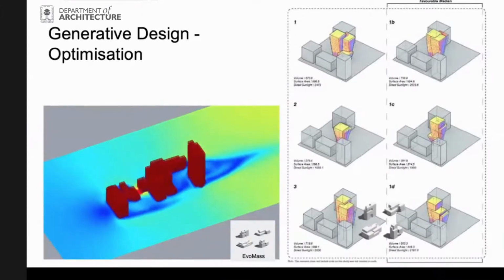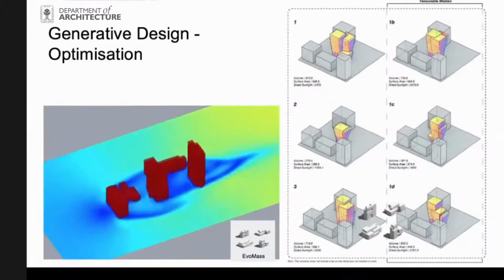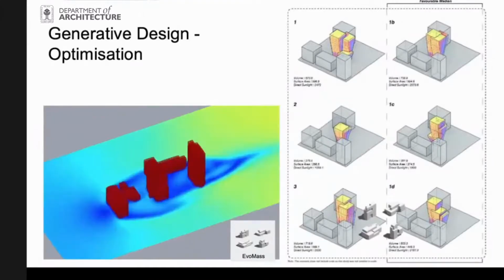For example, it could be minimizing the solar radiation, or maybe reducing the wind pressure. The computational process will help us choose the best design in the end, based on our design intention or design goals.